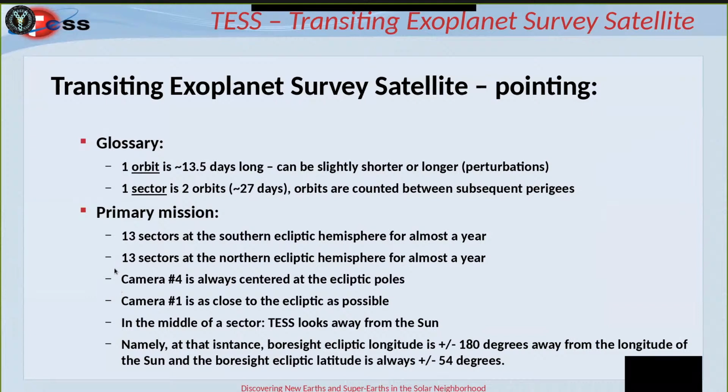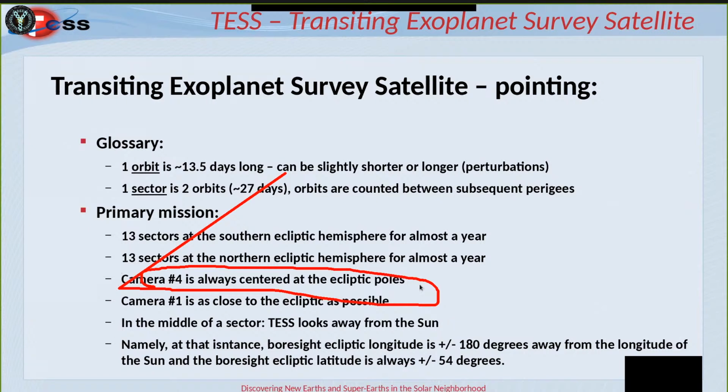So how is the pointing of TESS defined? There are 4 cameras. Camera 4 is always centered at the ecliptic poles, and camera 1 is as close to the ecliptic as possible. And in the middle of a sector, TESS looks away from the Sun.